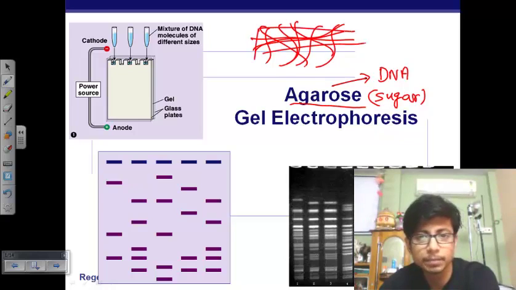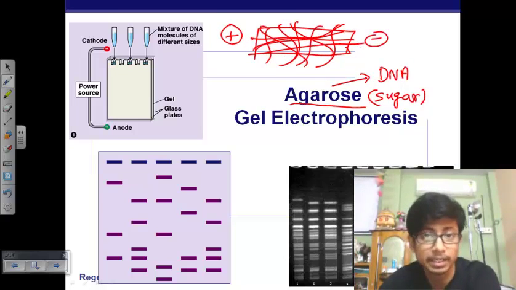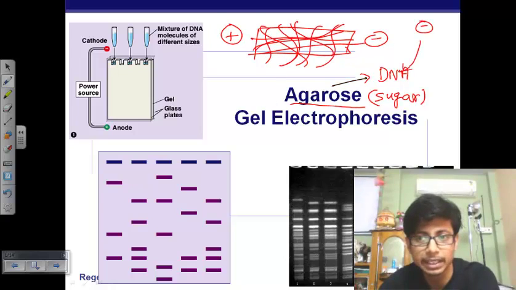Now let's say we have this polar mesh network, and we have one positive region and the opposite part is negative, and we apply an electric field between them. The molecule that we're separating is also charged: this DNA molecule is negatively charged. We all know DNA is negatively charged.